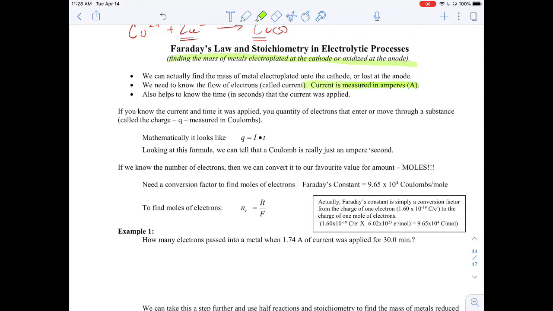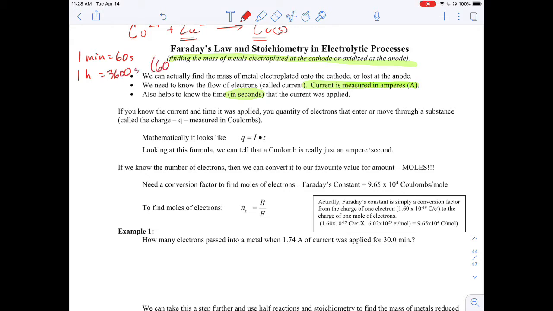So to do that, we're going to need to involve some time, and for this purpose, all our time is going to be used in seconds. So we're going to need to also know the relationship of seconds to minutes to hours to days. 1 minute is obviously 60 seconds, 1 hour is 60 minutes, so it's going to be 3,600 seconds.